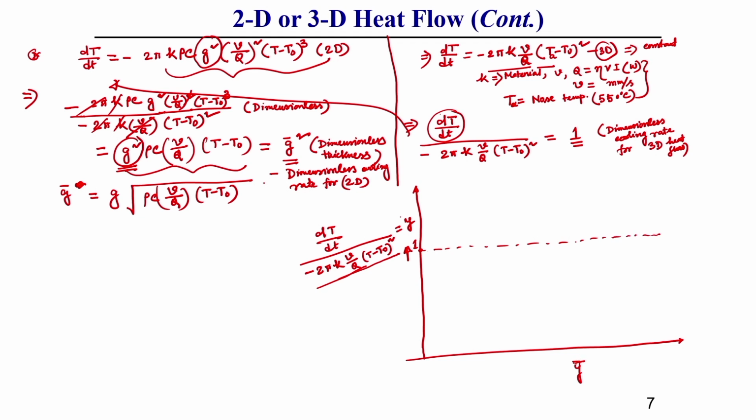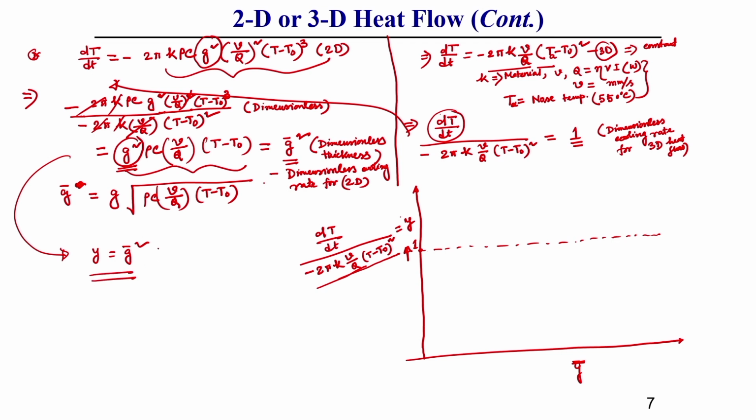For any value of G bar, this ratio is equal to 1. Whereas in the 2-dimensional case, from this equation y becomes equal to G bar square.